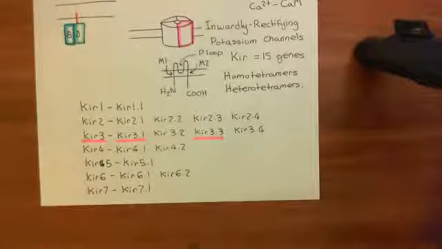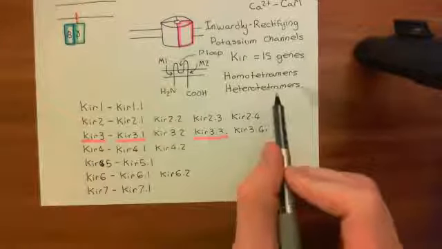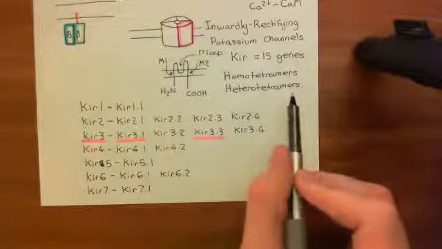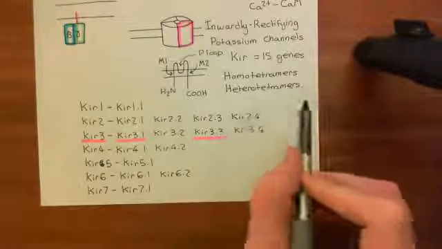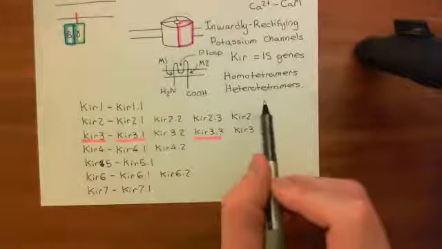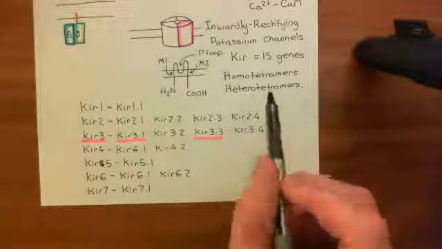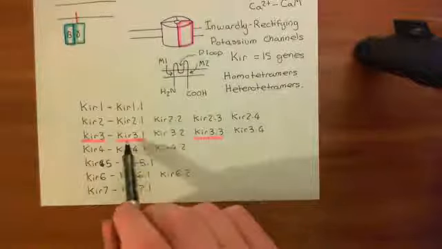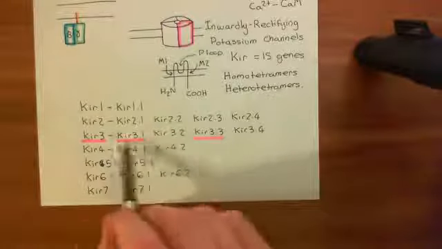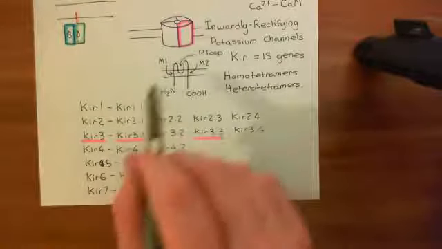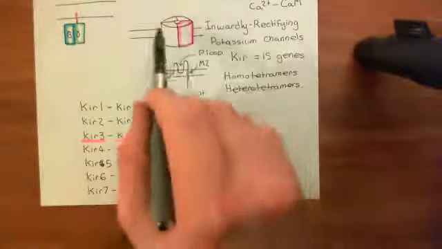Okay, now, even then, not every heterotetramer that you could build from my rules that I've given you so far would actually be found in nature. Okay, but those are the general rules. And finally, you might ask, well, you've told me that we're going to make it out of these 2 subunits, but in what ratio, okay? I need 4 of these.